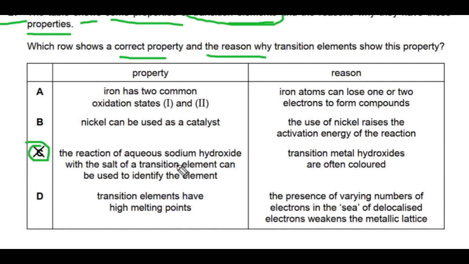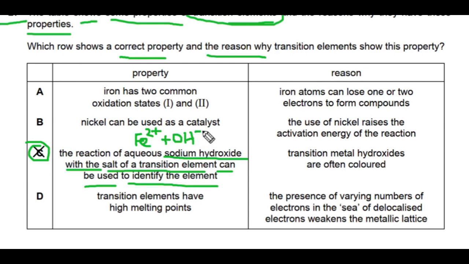The reaction of aqueous sodium hydroxide with the salt of a transition element can be used to identify the element. Yes, if an iron(II) salt contains iron(II) ions and you add sodium hydroxide, they form iron(II) hydroxide.